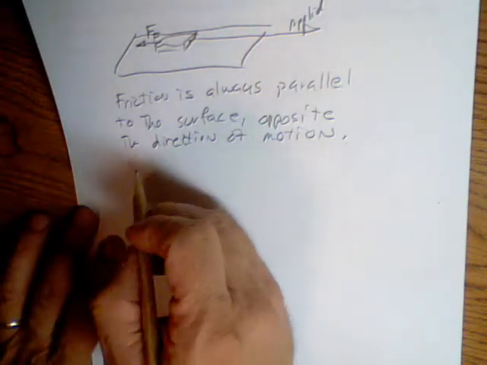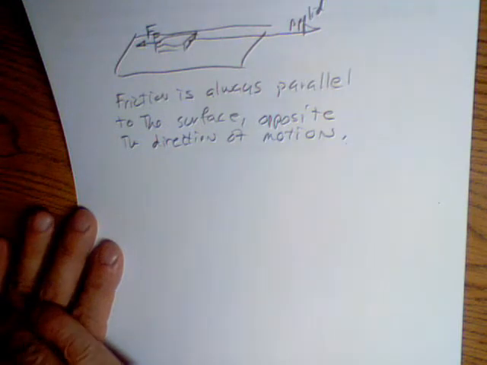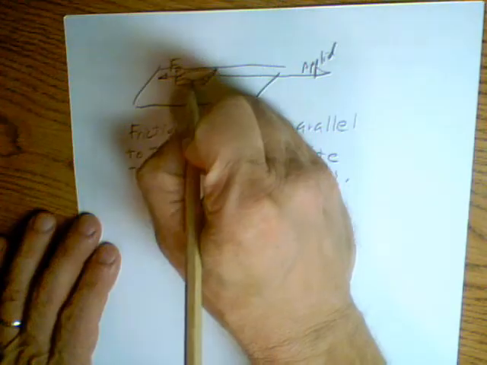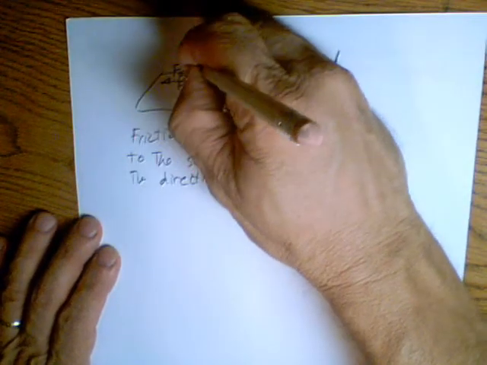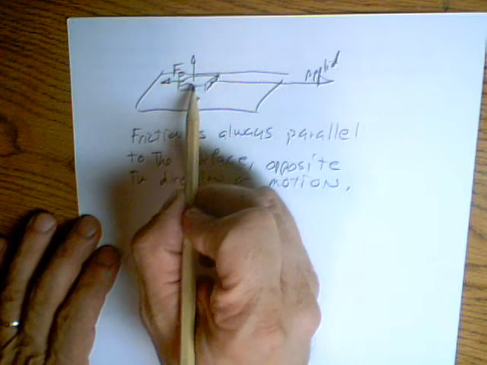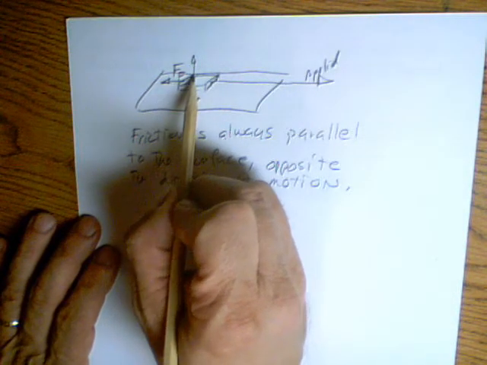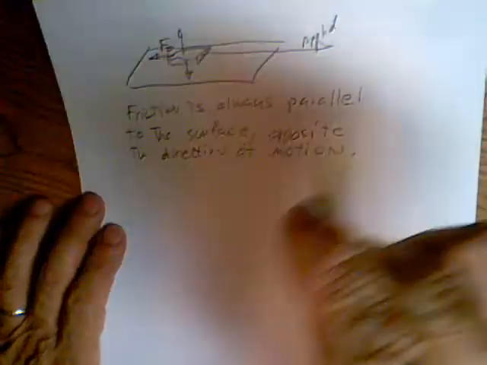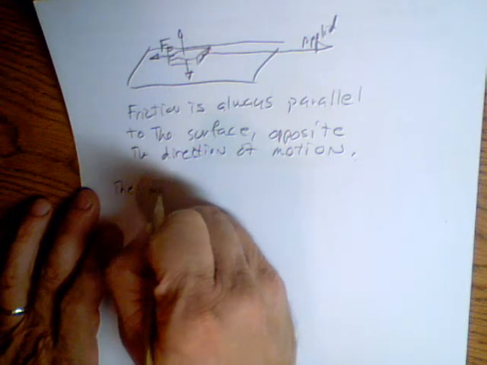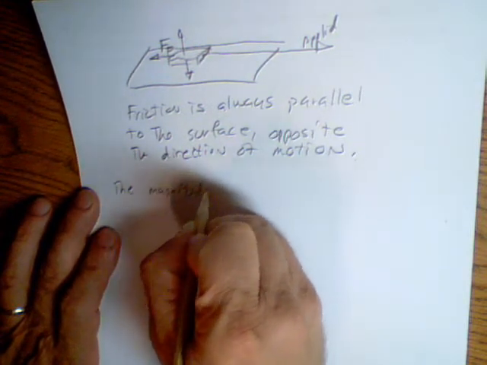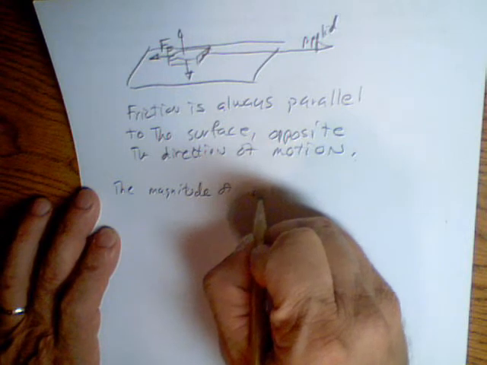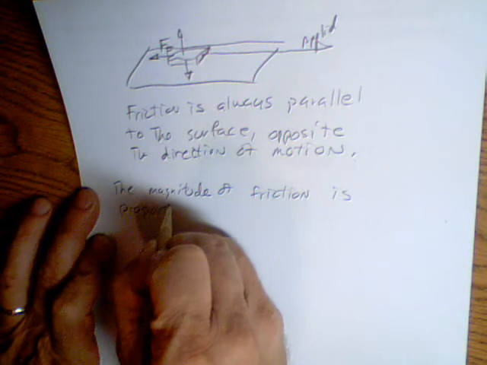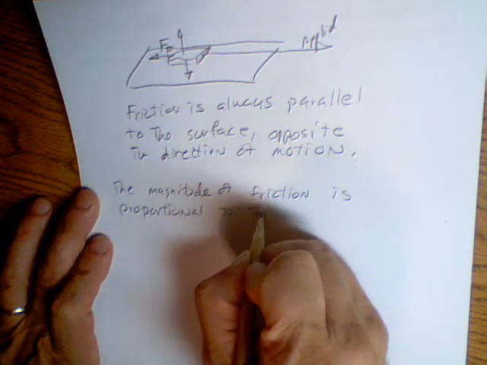The magnitude of friction is proportional to the normal force, as you can imagine. We have the gravitational force, and then we have a normal force. So we have to overcome that normal force in order to get the object to move. The magnitude of friction is proportional to the normal force.